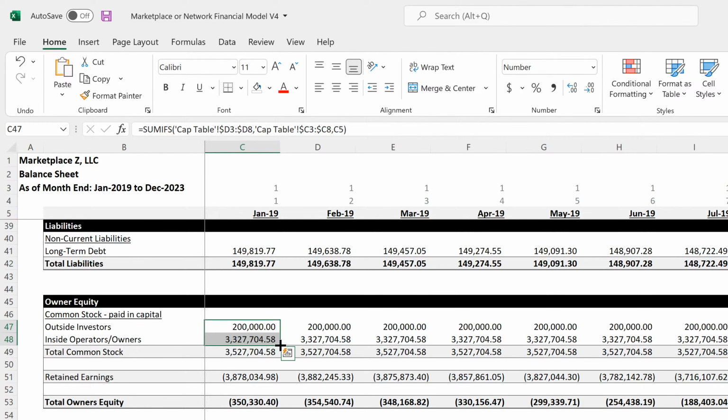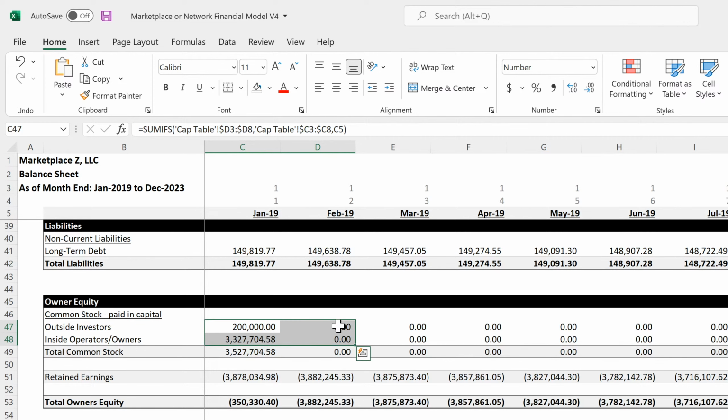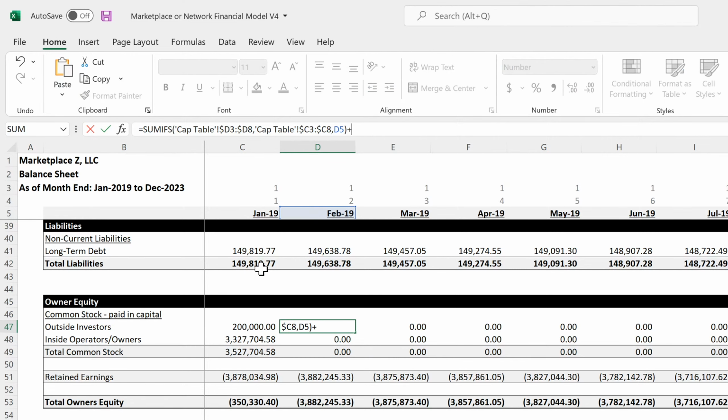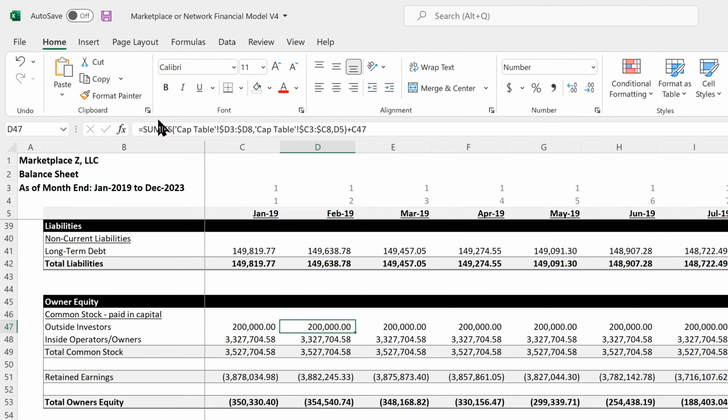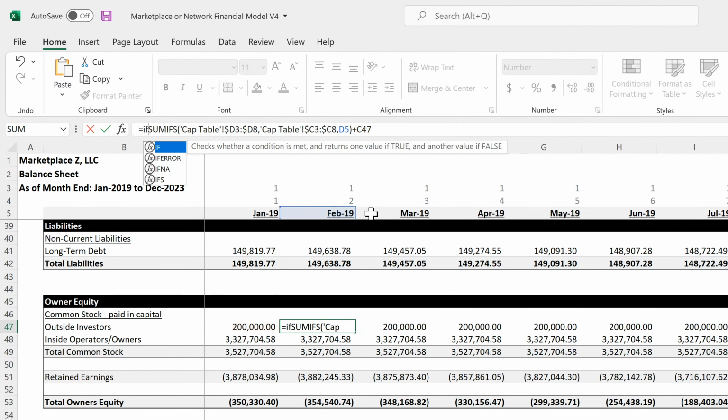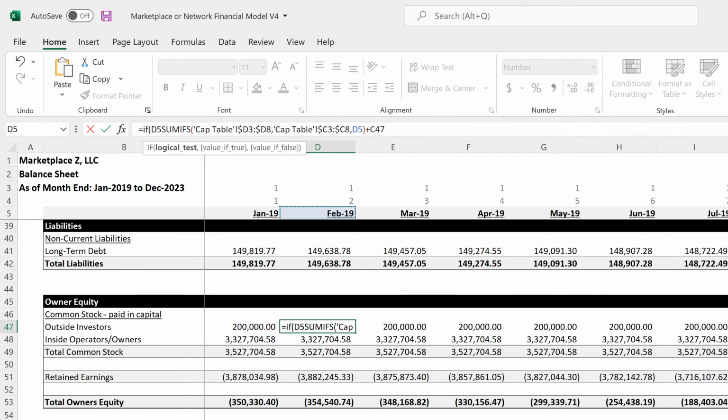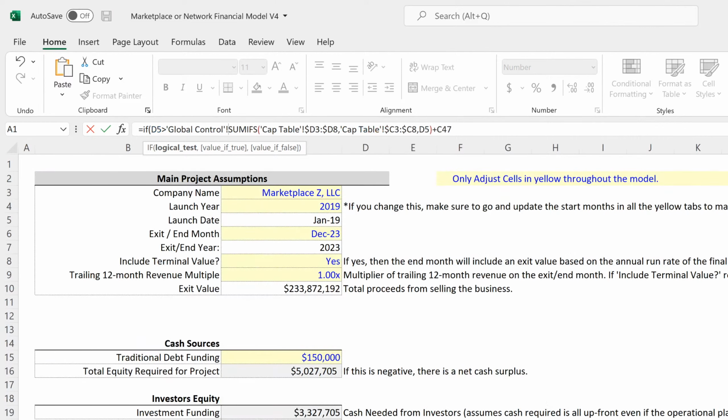Okay, and then we keep doing that plus previous amount. But we're going to say if this is greater than our exit end month, then 0.